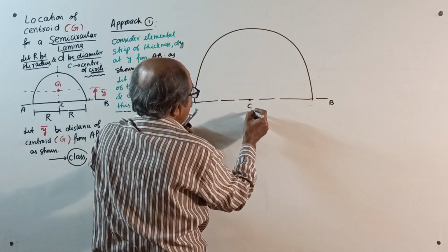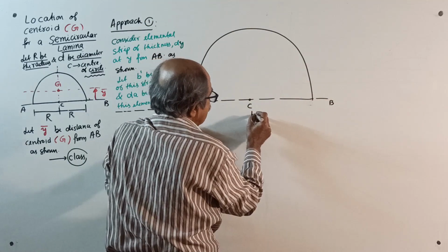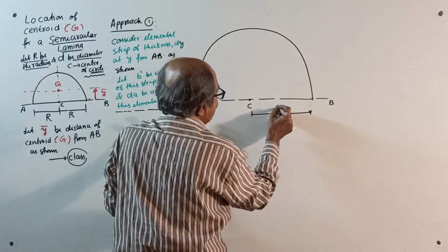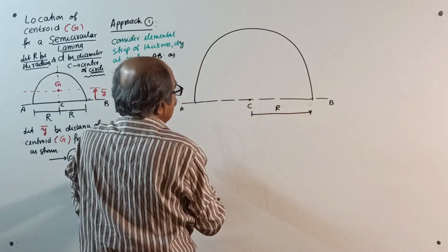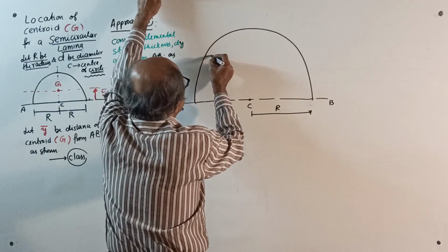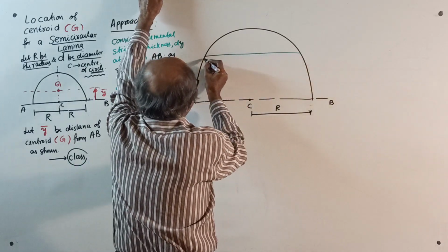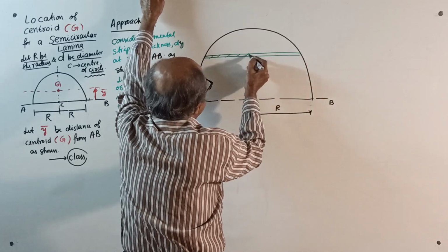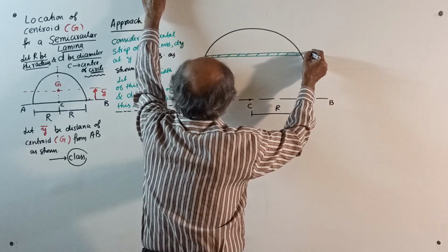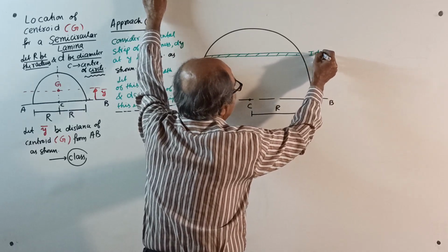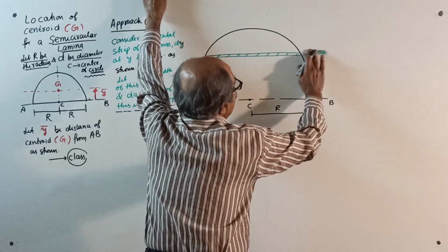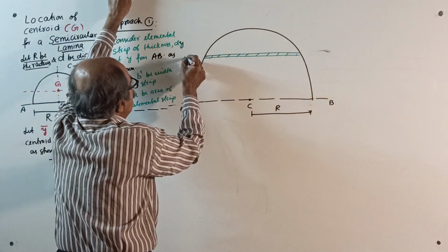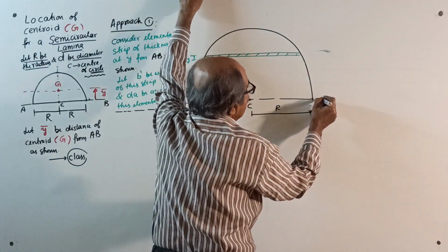Now you take an elemental strip here, of thickness dy, at y from here.